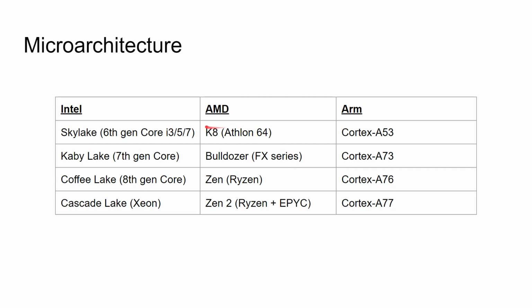And it's the same with AMD. We had the K8, which was the Athlon 64, the first processor with x86-64 in it. After that we had Bulldozer, then Zen, and then Zen 2. These are the different designs that AMD are building. But of course, if I have an FX processor or a Ryzen processor, I can still install Windows or Linux or whatever on it, because they are following the same basic instruction set architecture.